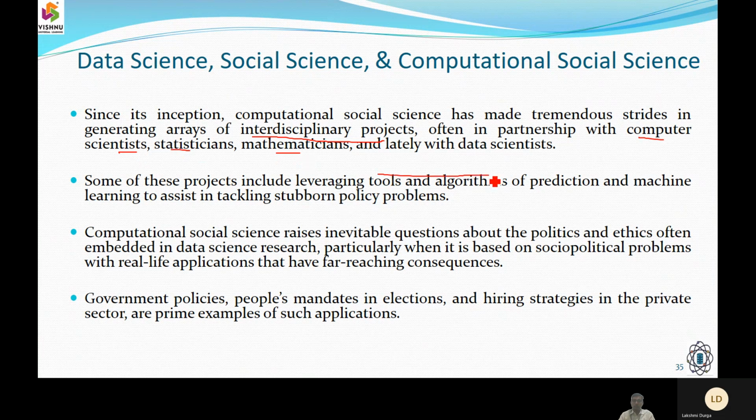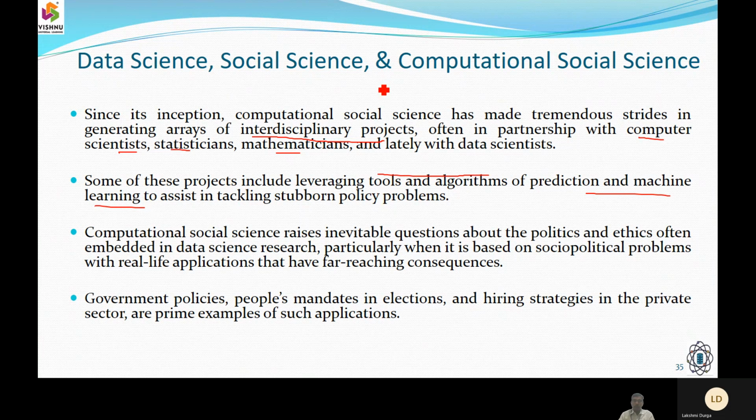Tools like Python or R, as open source, are used, and towards prediction, machine learning algorithms have been applied over those programs.